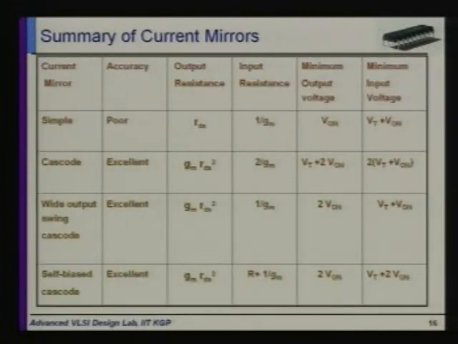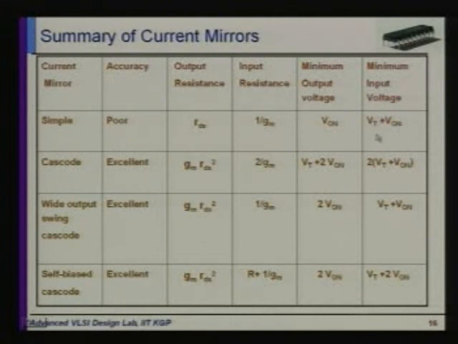Now this is the summary of the current mirrors. There is a comparison between the accuracy, output resistance, input resistance, minimum output voltage and minimum input voltage. The output resistance keeps increasing from the simple to the self-biased cascode source. The main thing is the minimum input voltage.